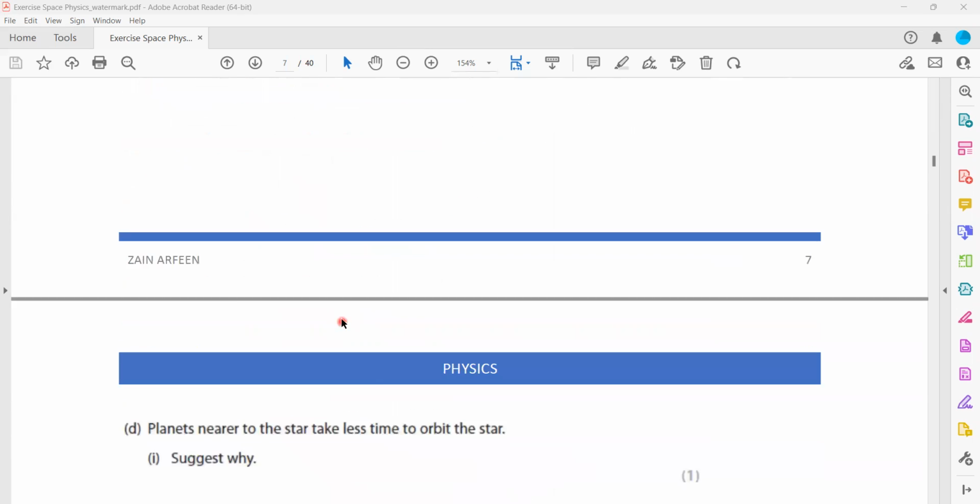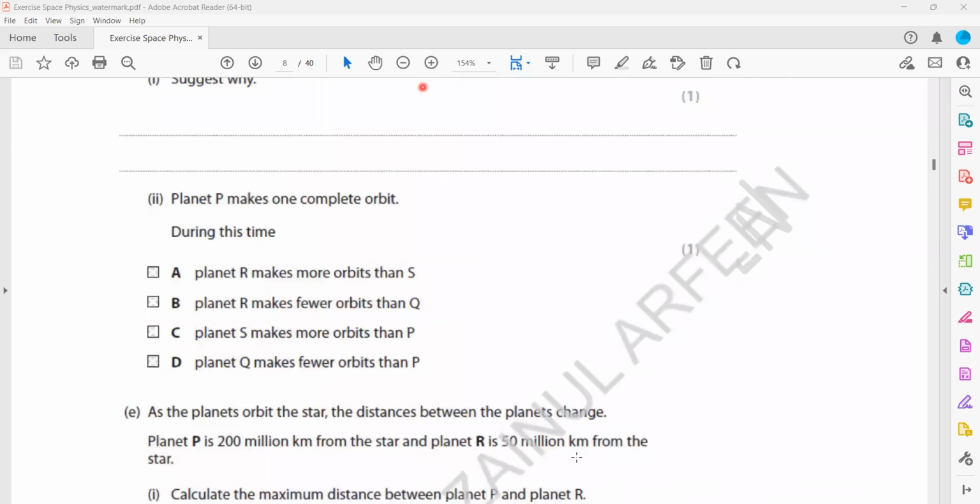Which statement is correct? C is correct. Planet S will make more orbits than P. Why? Because planet S is closer, so it will cover more orbits than planet P.